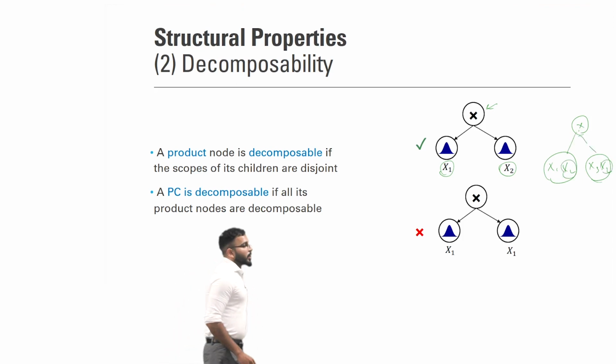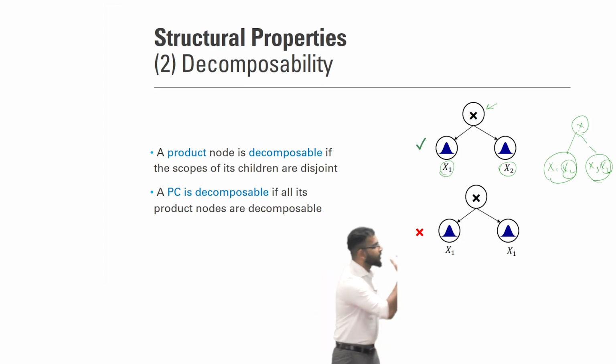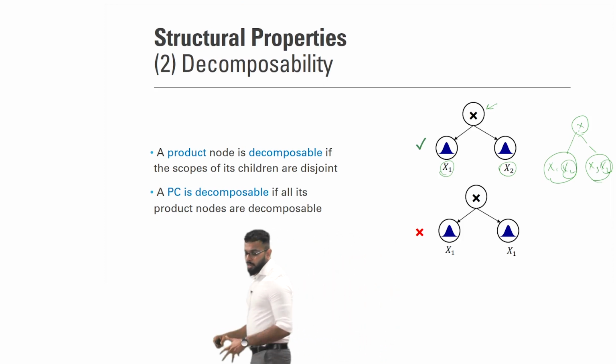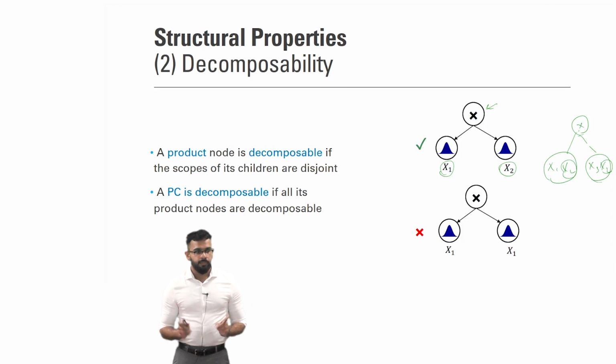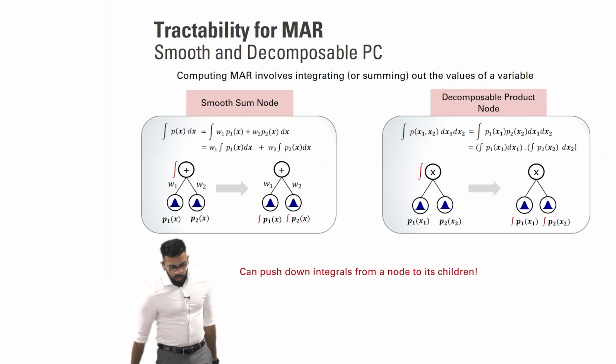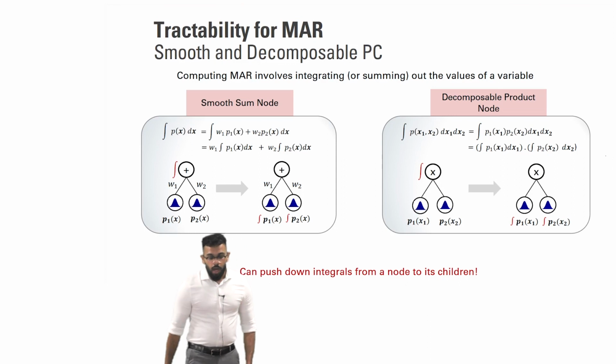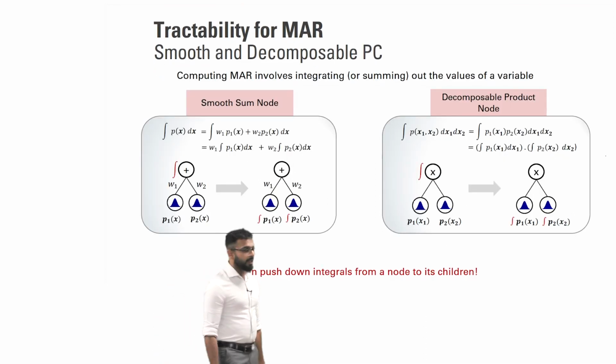So in such a case, the distribution or the independencies computed by the product is not valid. So this property is called decomposability, which says that all product nodes in your probabilistic circuit should be defined over children having disjoint scope. Is that clear? Okay.